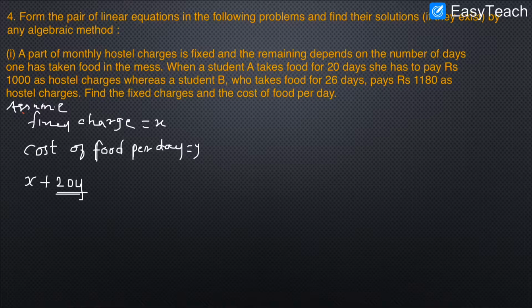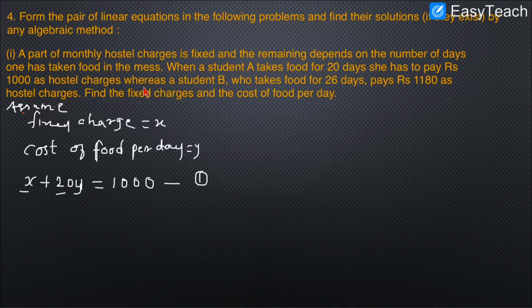So x plus 20y equals 1000, totally the student A paid 1000 rupees, both hostel fees and 20 days food fees. So this is our first equation.